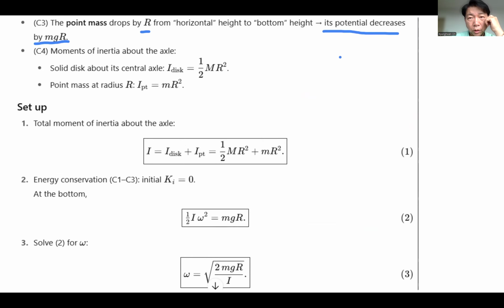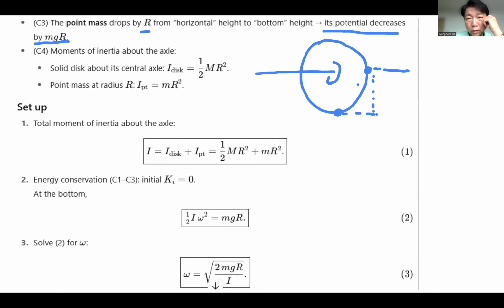So once again, it was initially here, it's going to rotate, and then here. So the potential difference is mgR, and from the initial to final it is going to be minus, okay?